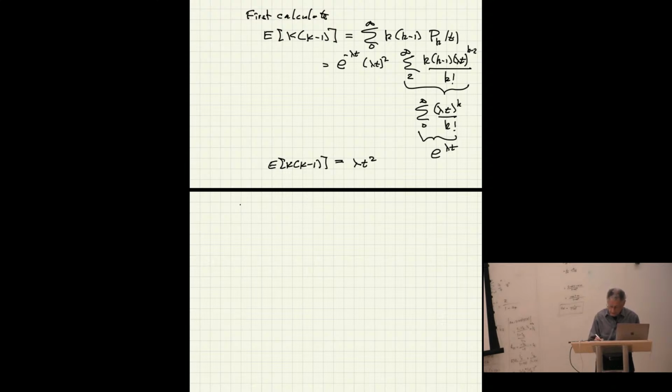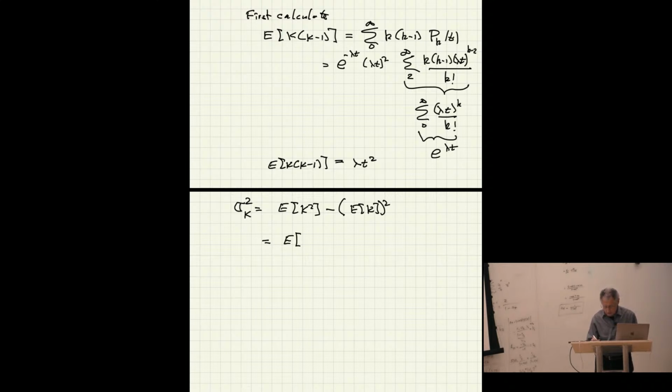Having done that, the variance for k, we know, is the second moment minus the first moment squared. Expected value of k squared minus the square of the expected value of k. And you actually needed this or will need it for the homework, I forget which one.